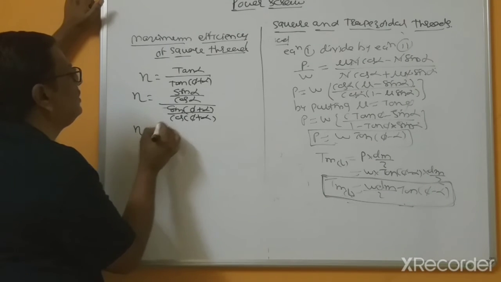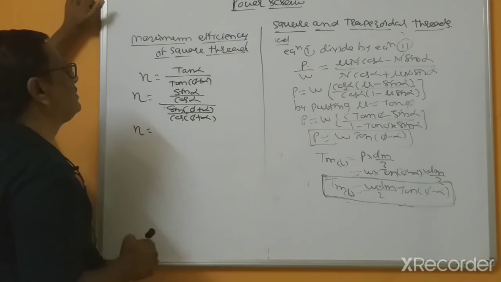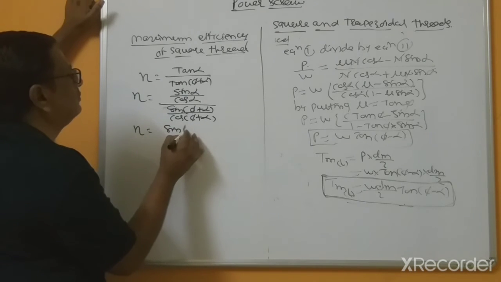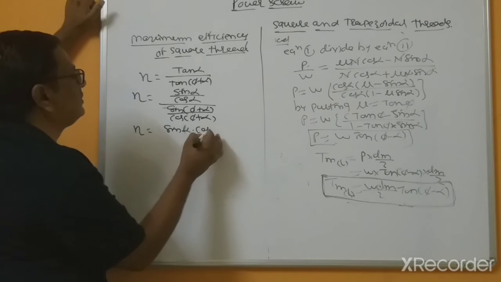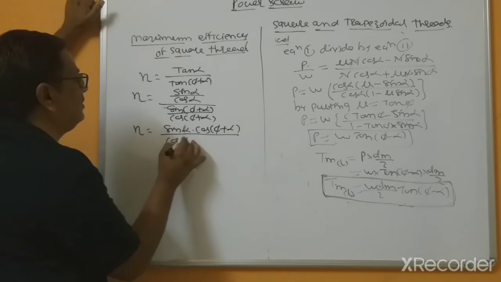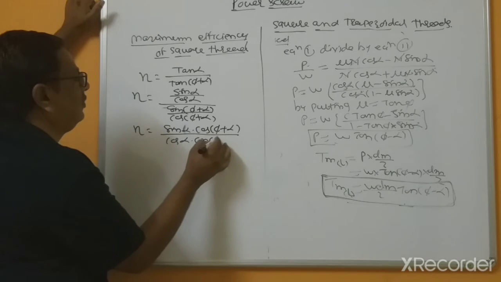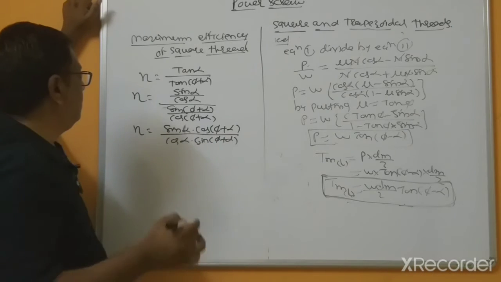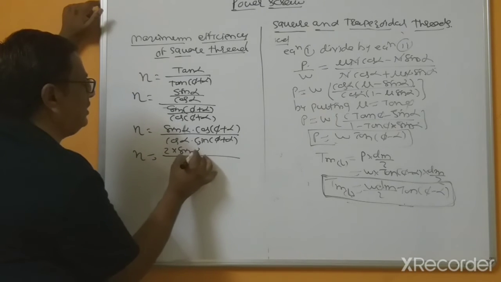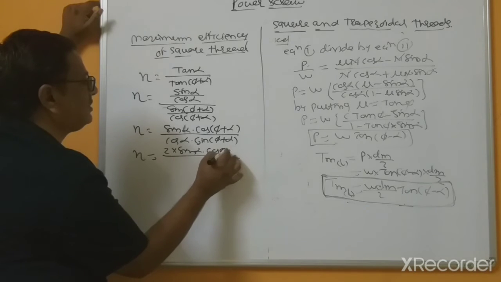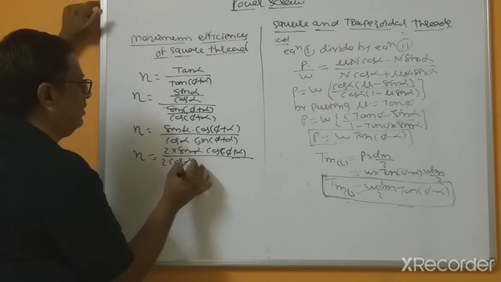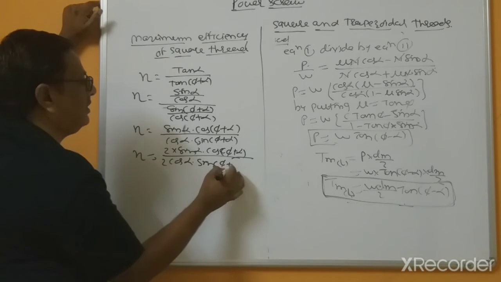Now efficiency equal to sin alpha into cos (phi plus alpha) divided by cos alpha into sin (phi plus alpha). Same equation multiplied by 2: 2 sin alpha into cos (phi plus alpha), and cos alpha into sin (phi plus alpha).